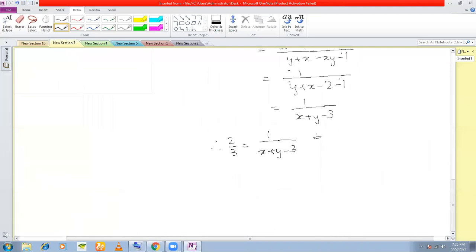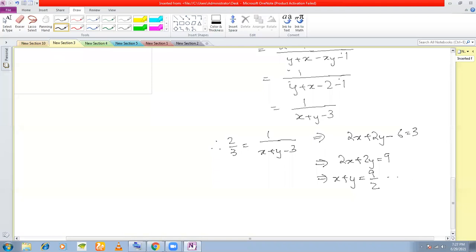Cross multiply. You will get an equation in x and y. You will get 2x plus 2y minus 6 is equal to 3. That means you will get 2x plus 2y is equal to 9. That means you will get x plus y is equal to 9 by 2. Okay.